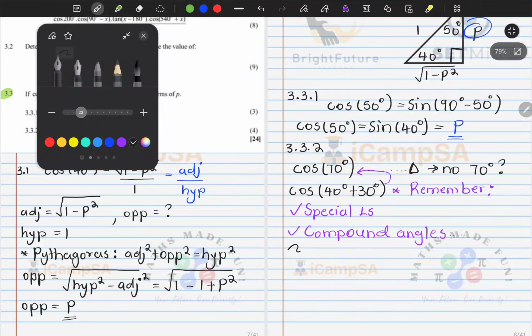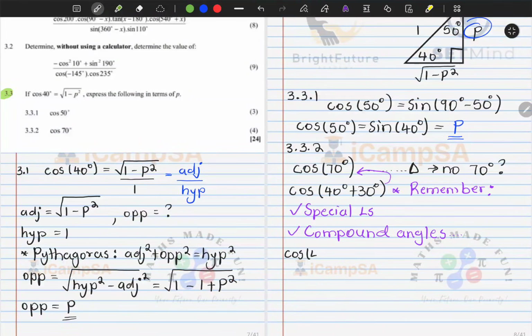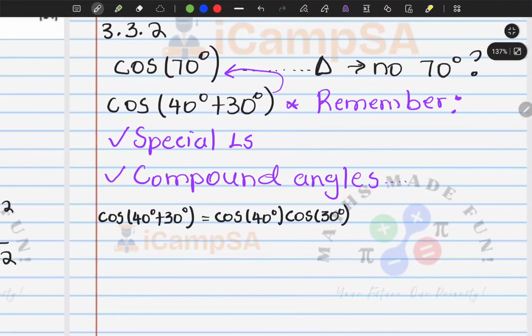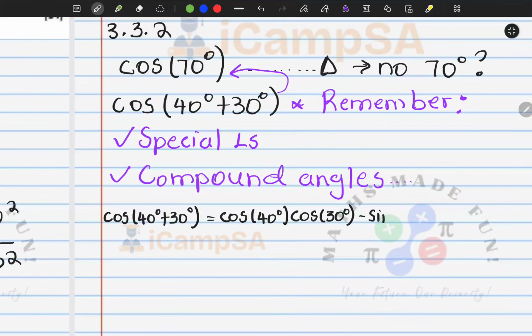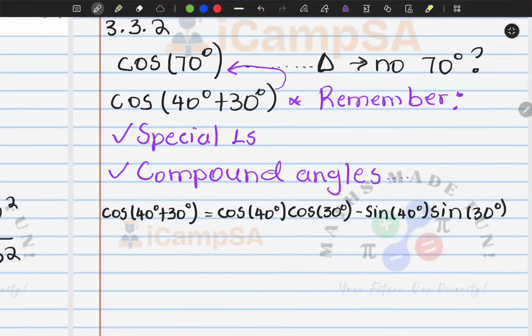Okay, so this cos of 40 degrees plus 30 degrees can be written as cos of 40 times cos of 30 degrees. Let's create some space. And this will minus, if you observe carefully, sine of 40 degrees and then sine of 30 degrees.